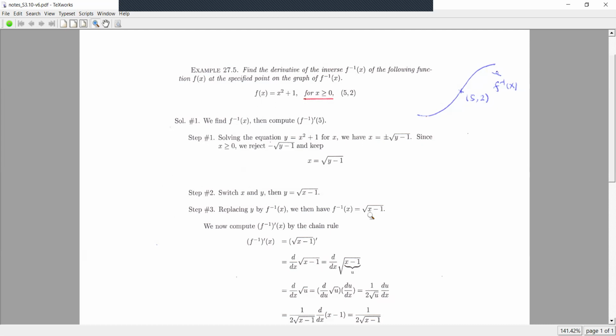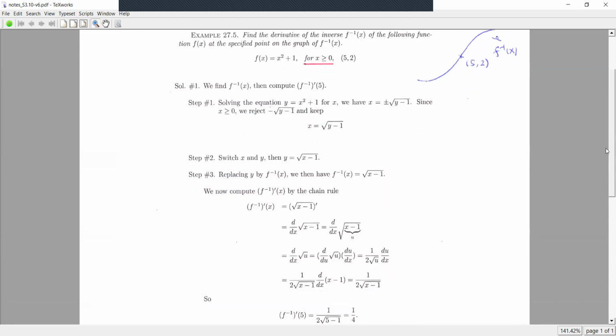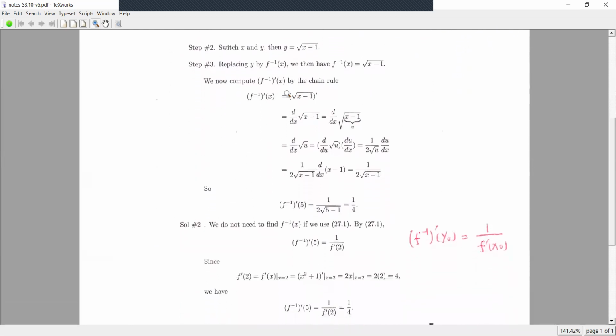After we get the inverse function, we compute the derivative of the inverse function at 5. Take the derivative of the inverse function. To compute the derivative of square root of x minus 1, we have to use the chain rule.